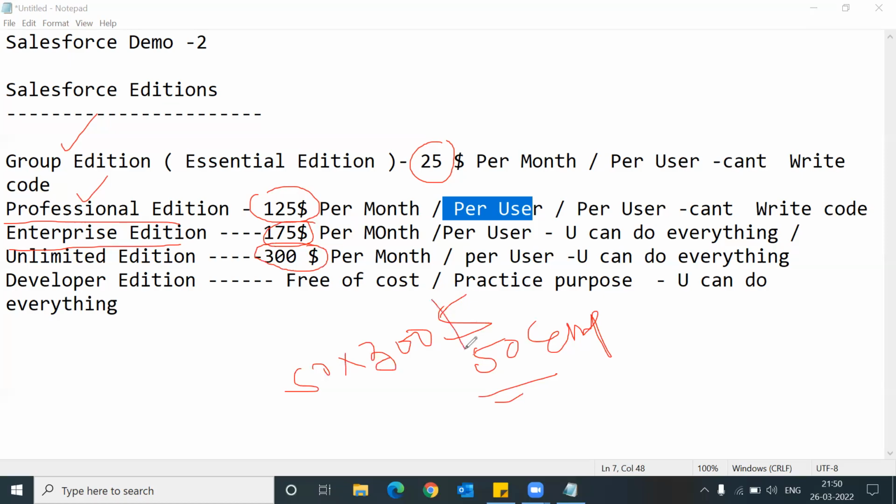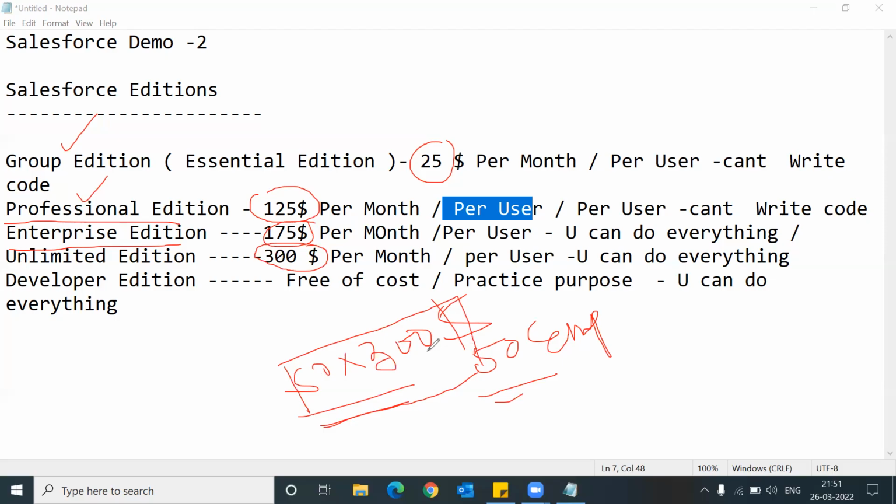It means you need to give this amount to take 50 licenses. One user means one license. If you have 10 users, you need to take 10 licenses. I will discuss license things in a different lecture, but as of now I'm just telling you, for one user you are taking one license.